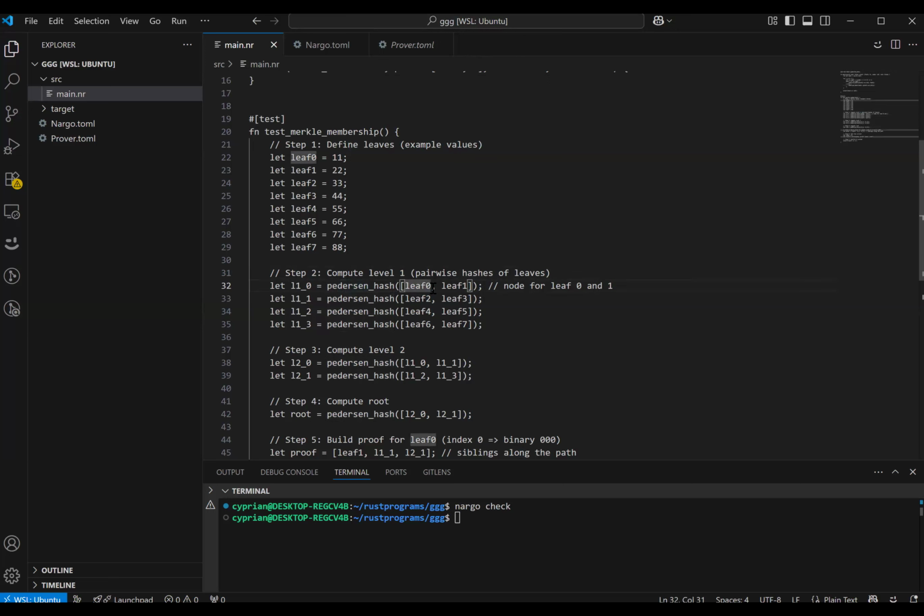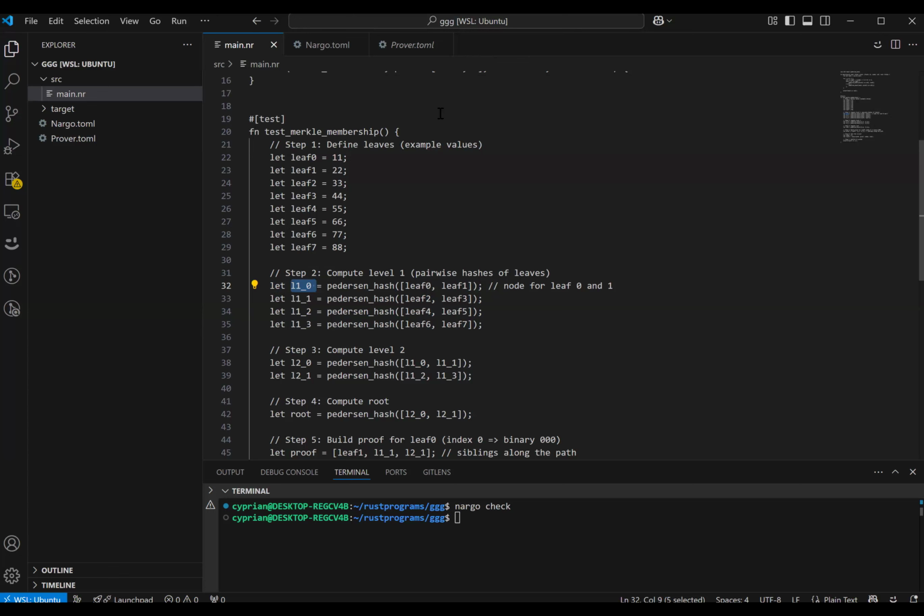You can pair leaf 0 and leaf 1, and you call this hash, Pedersen hash, leaf 0 and leaf 1. And we can call F0 and F1 the children of the first child of the root.